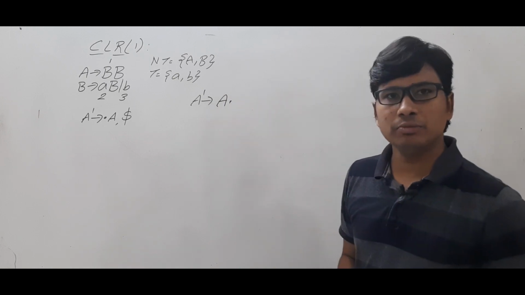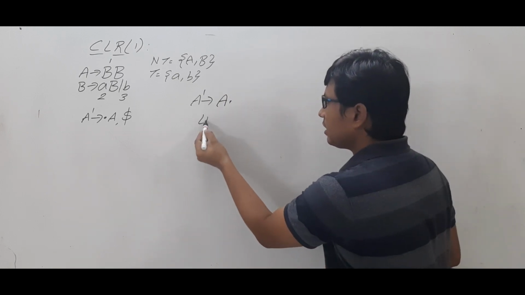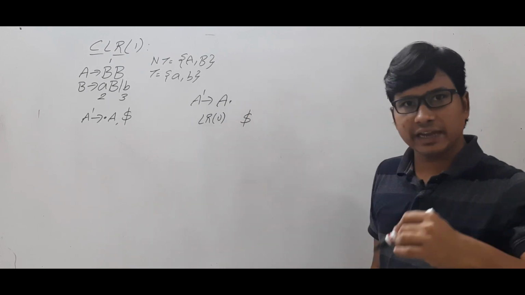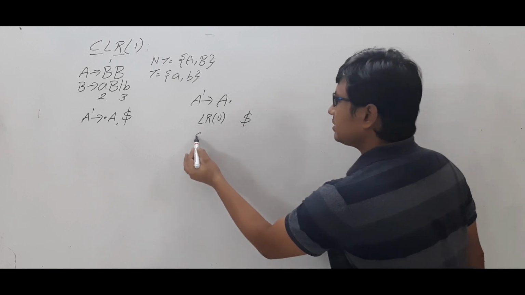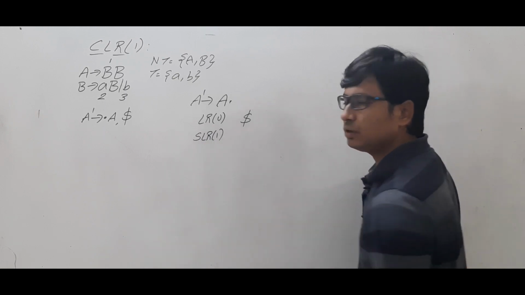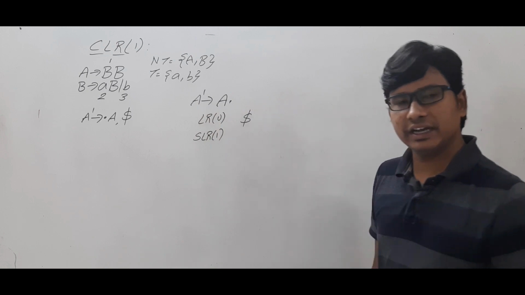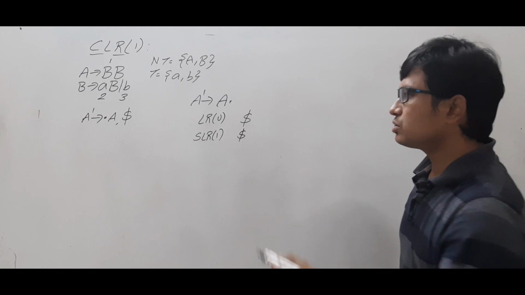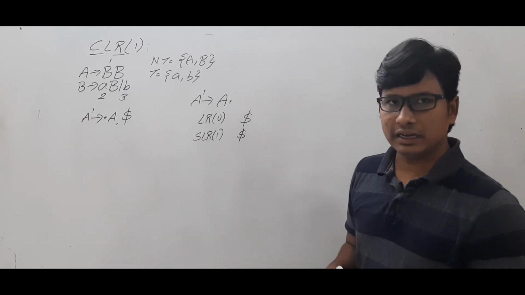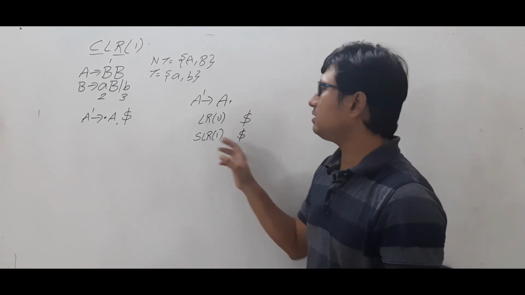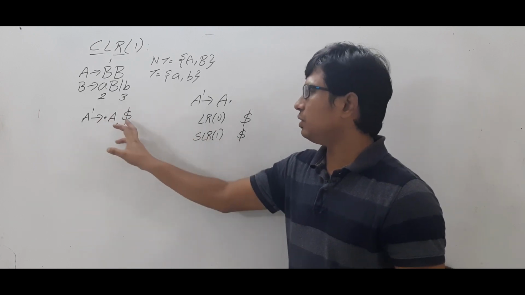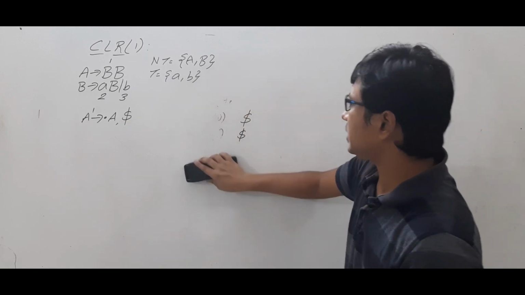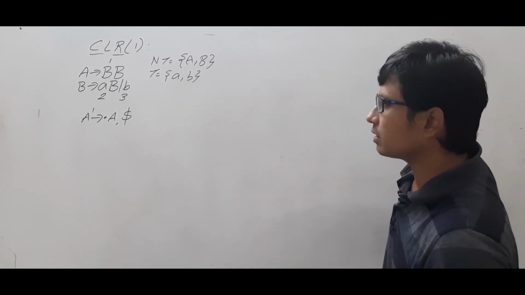Since it is an augmented production, in the LR0 parsing table also, at the $ place I would have written accept. Am I right or wrong? Similarly in SLR1 parsing also, I computed the follow of A dash. Obviously, as it is the start symbol, I should write this reduced move in the $. Similarly in CLR and LALR also, we should write this at the $. So I am keeping the lookahead as $. Are you able to understand why I am keeping the $?